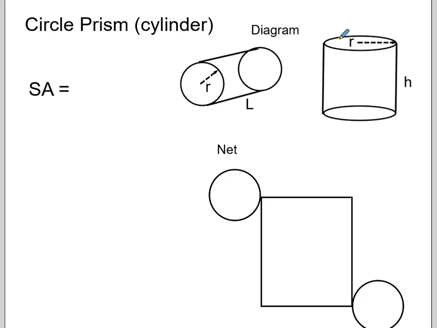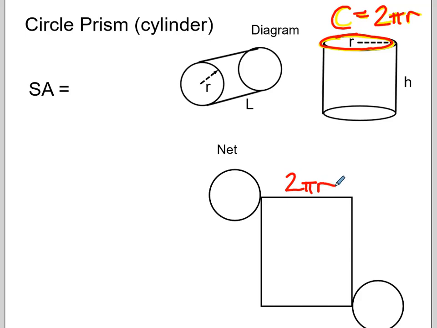Now, this dimension right here, if we were to look at this as a circle, that is the circumference, and it is 2 pi r. Maybe I'll write that in a different color. The circumference or the perimeter of that circle on the top is 2 pi r, but if you cut it and unfold it, that gives you this dimension of the rectangle.